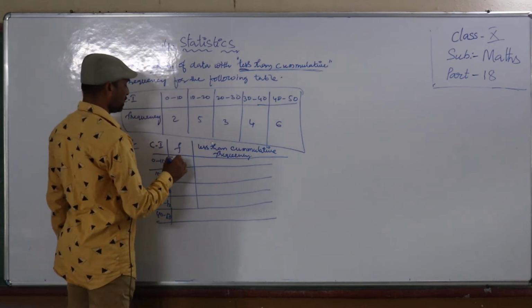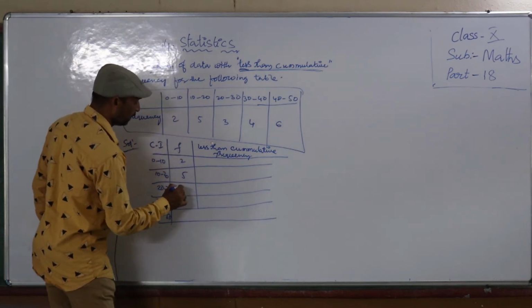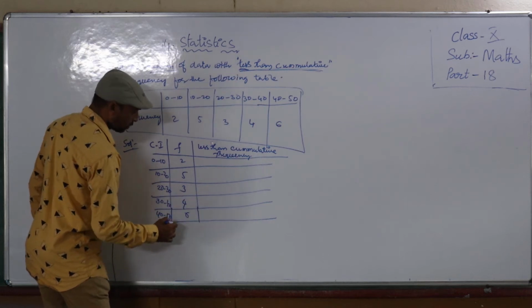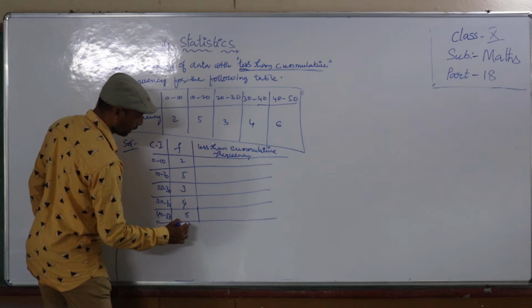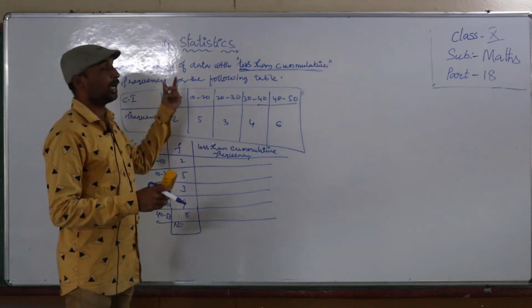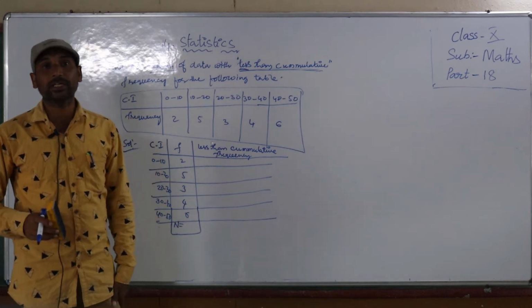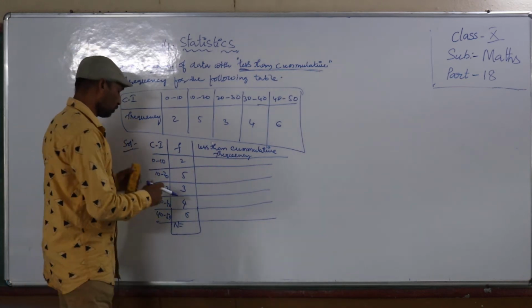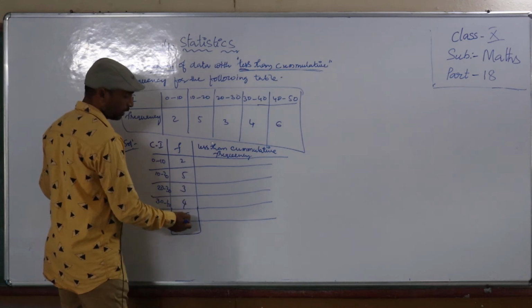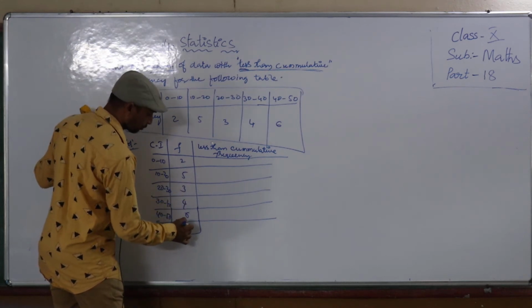The frequencies given are 2, 5, 3, 4, 6. First we should find the n value, because while finding the median we first have to find n by 2. So the n value is 2 plus 5, 7, 10, 14 plus 6, 20.